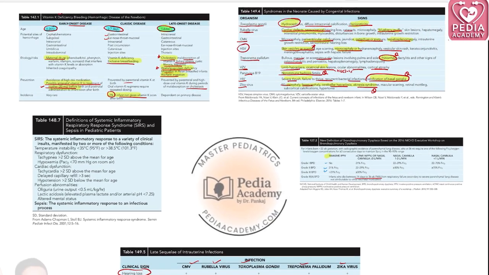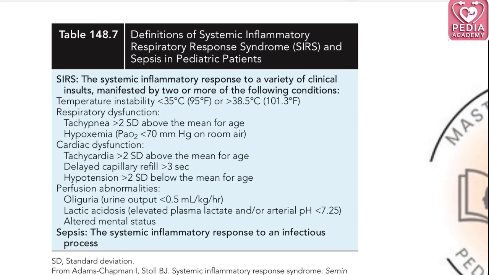Okay. Now we'll discuss definition of systemic inflammatory response syndrome, SIRS, and sepsis. So basically SIRS is systemic inflammatory response to a variety of clinical insults, mainly two or more of the following. So two or more. So basically what we have to see, first is temperature, second is respiration, third is cardiac, and fourth is perfusion.